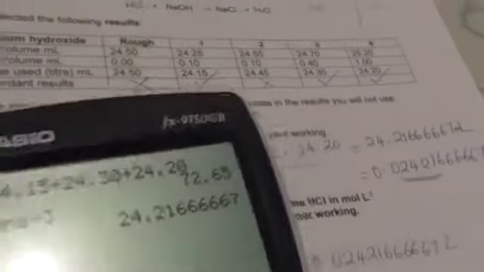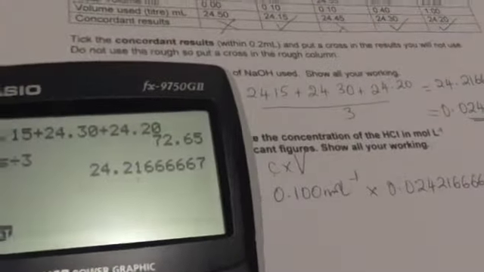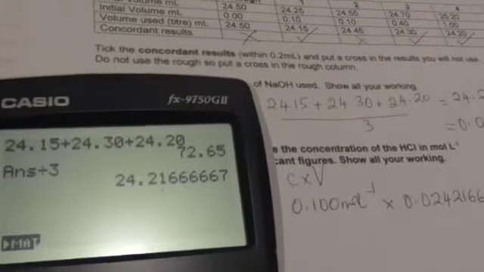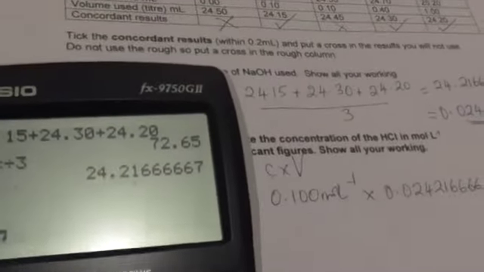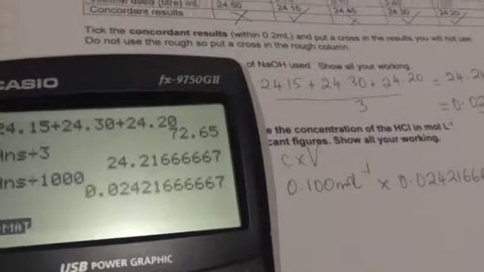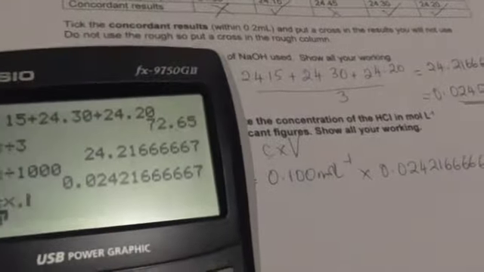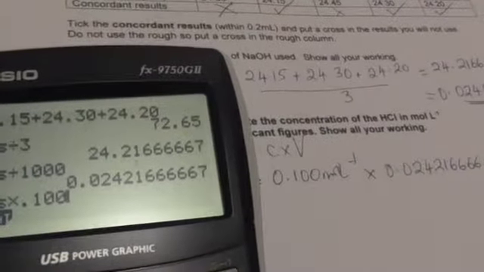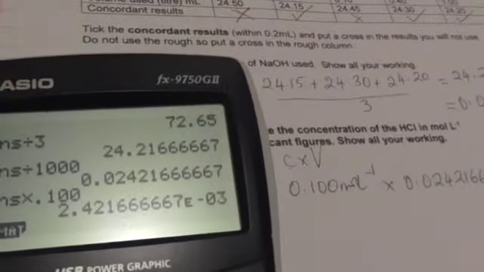Don't clear your calculator at any time. Leave the numbers exactly as they are. That means you can avoid having to key them in all the time. I need to divide this by 1000 because we converted that to liters. Now all I need to do is multiply it by 0.100, which was the concentration of sodium hydroxide.